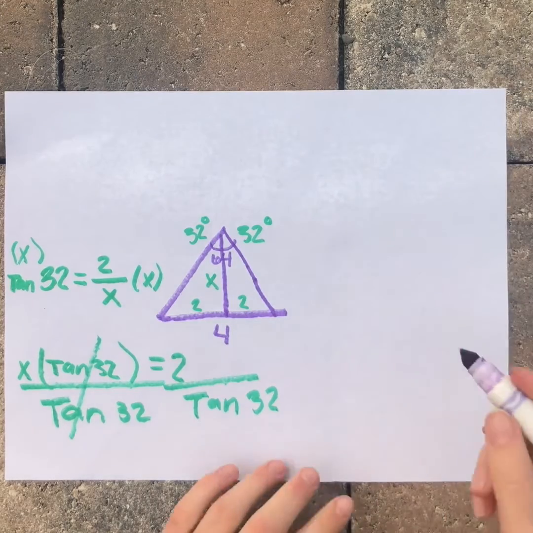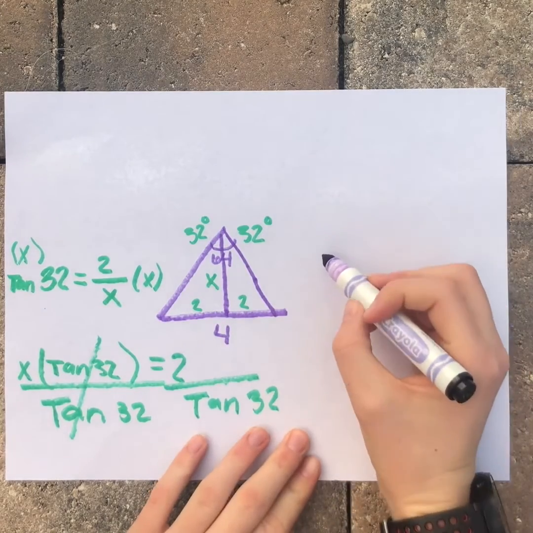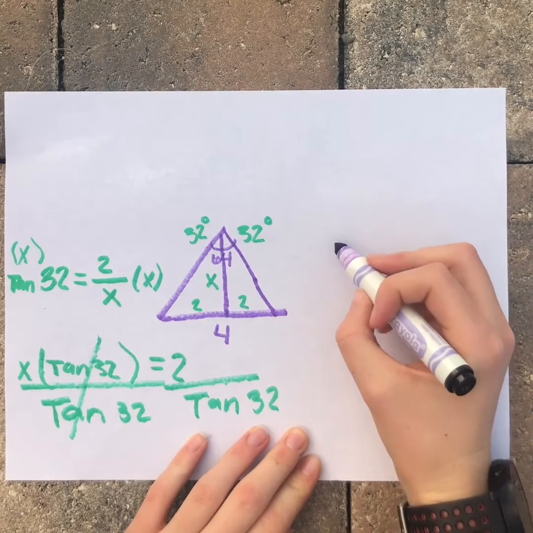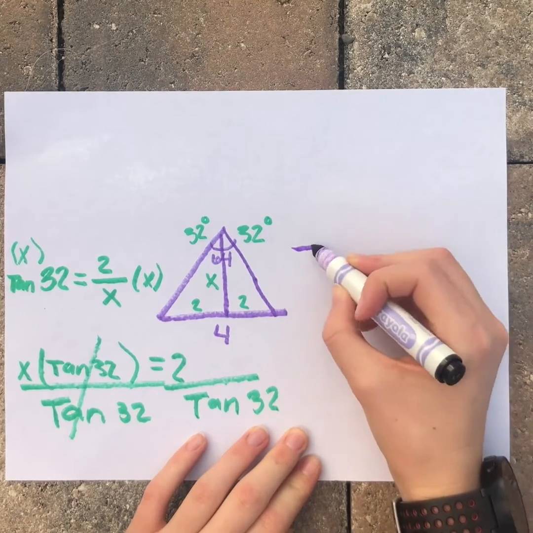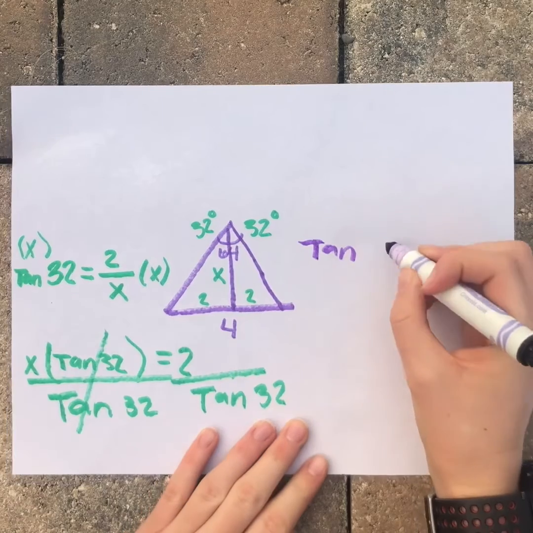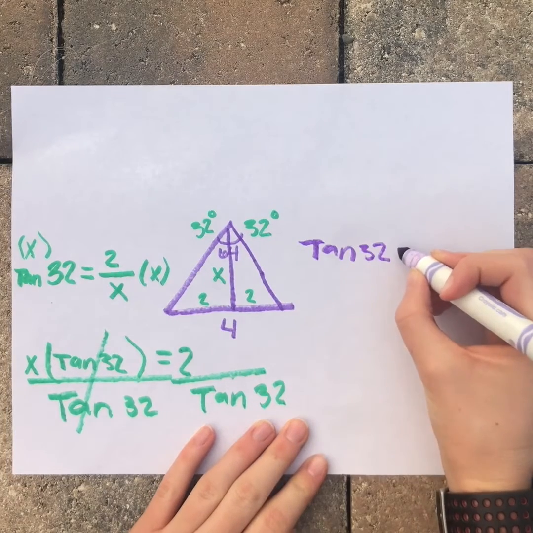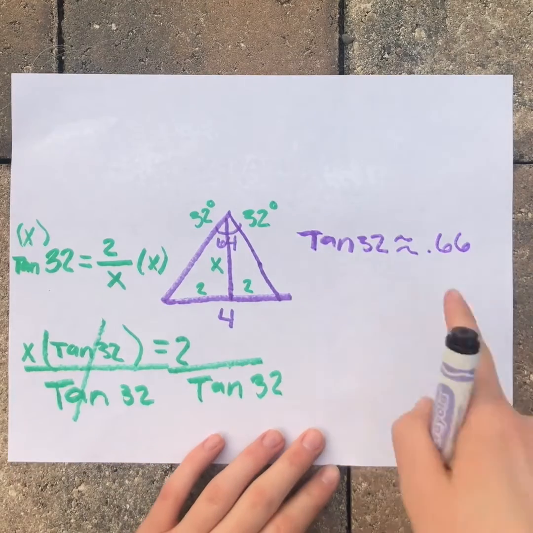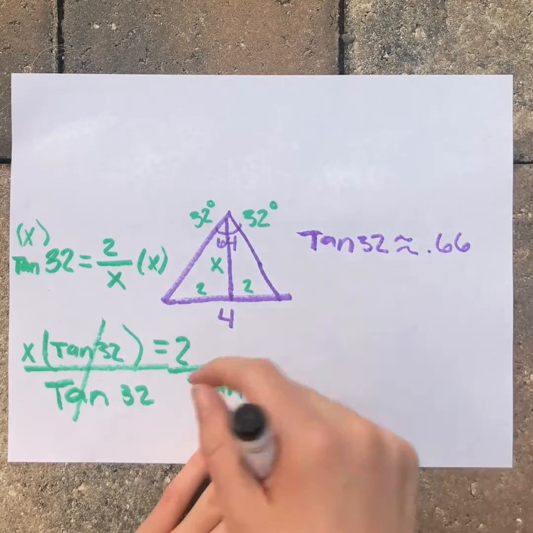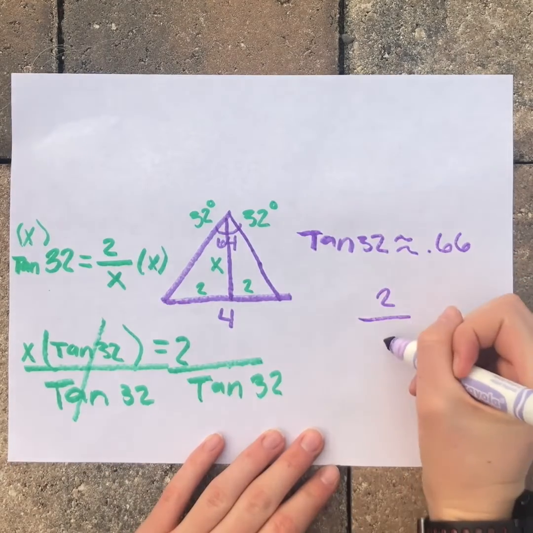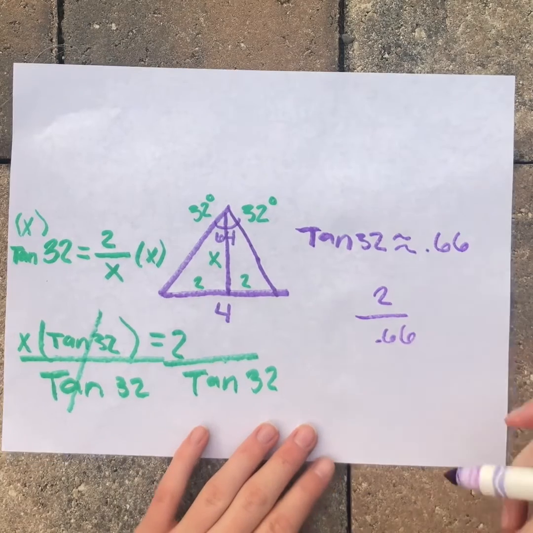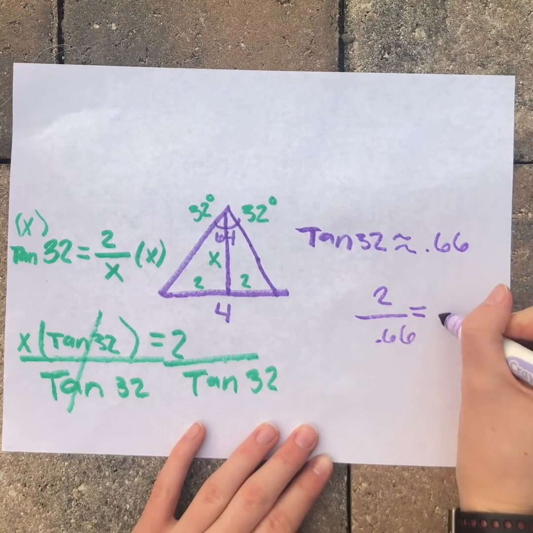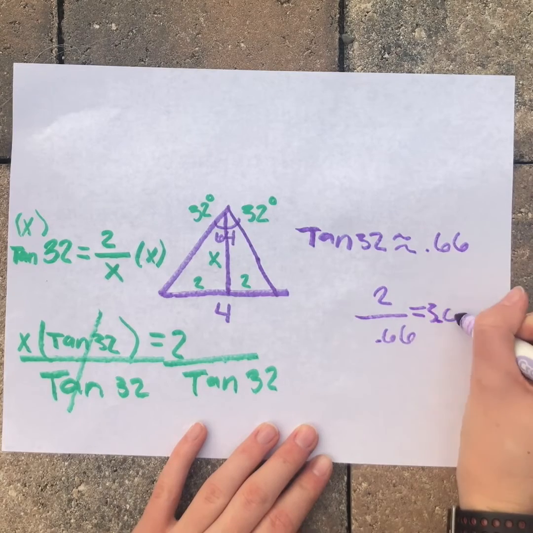So for tangent of 32 I got a value of about 0.66. So now that we know that, we can go back here and go, okay, 2 divided by 0.66, which gave me 3.03.